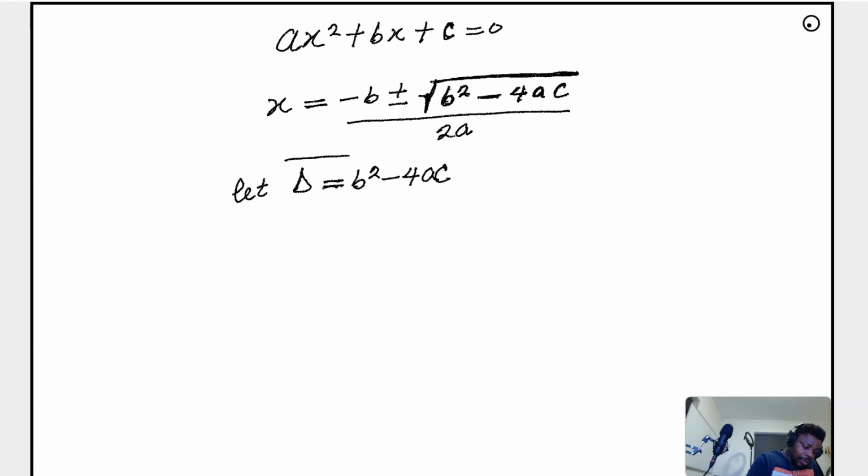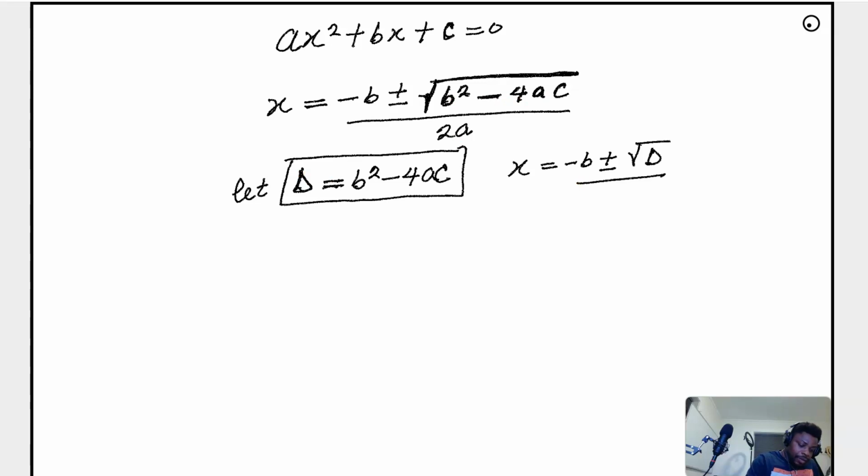So if d represents that, our quadratic formula will be minus b plus or minus square root of b squared minus 4ac, which is d now, over 2a.